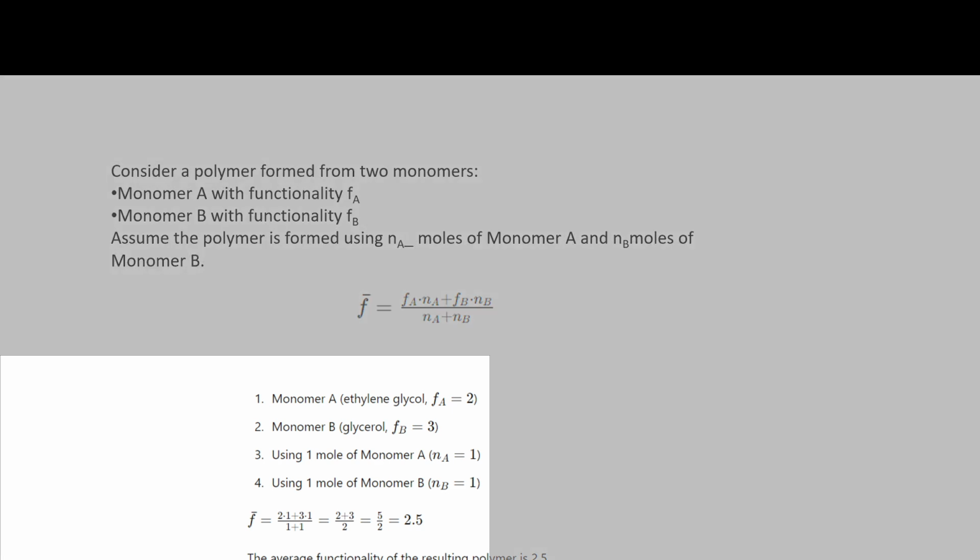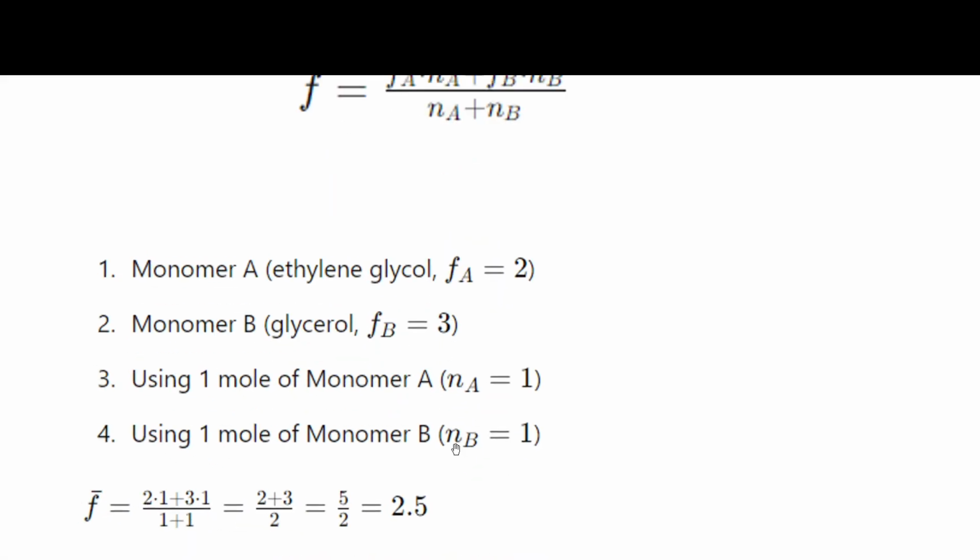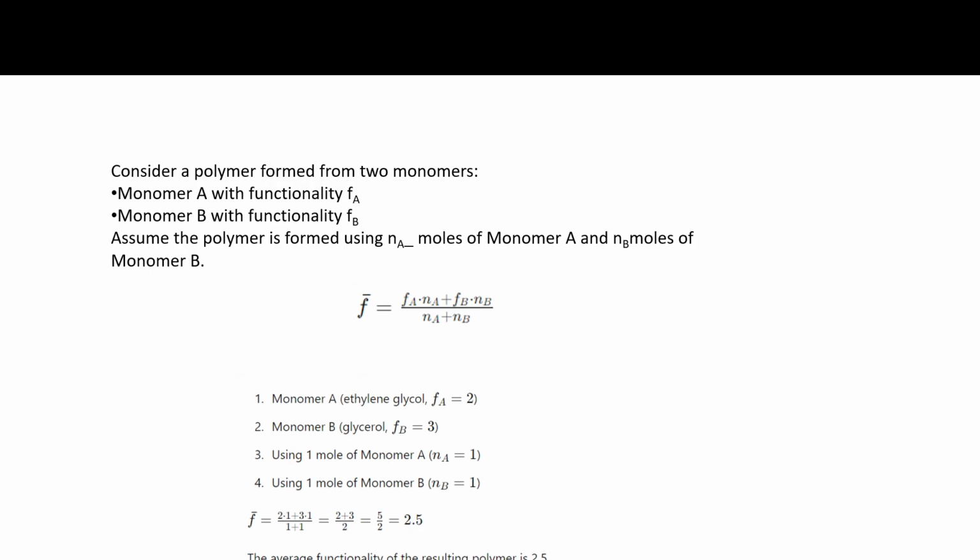When we do polymerization, there will generally be three types of polymerization. One is addition polymerization, one is condensation polymerization, and another is living type of polymerization.